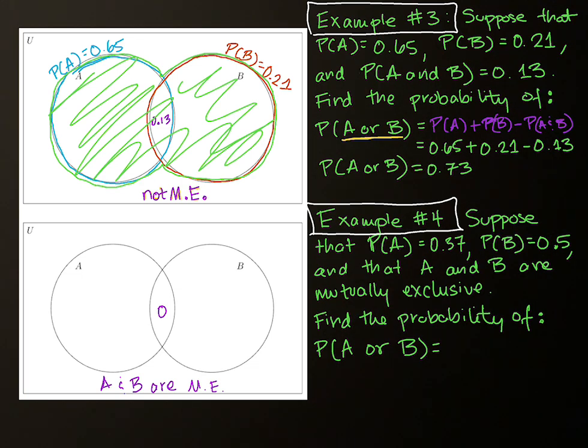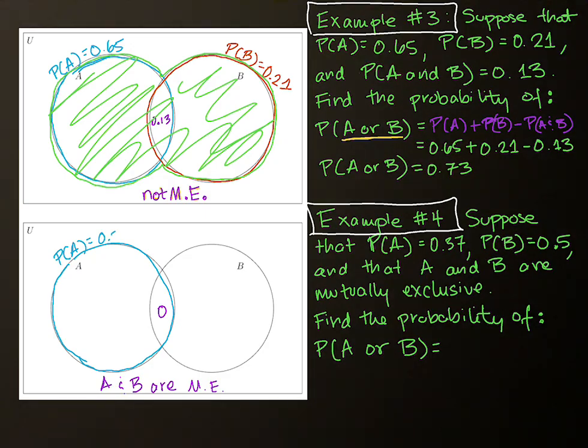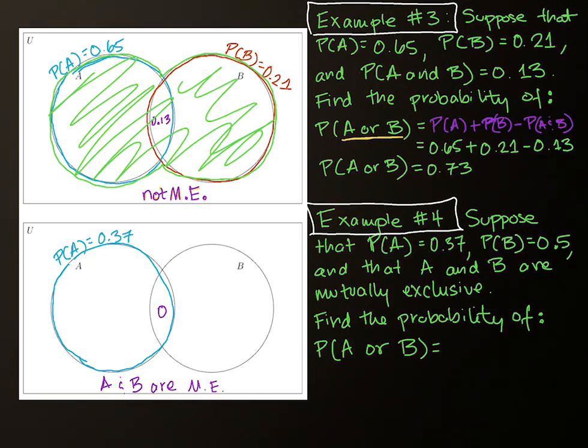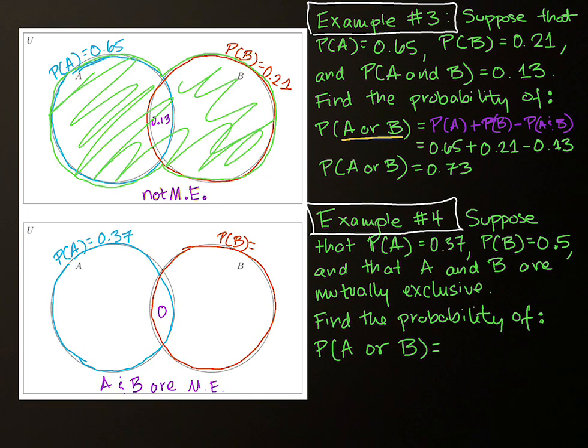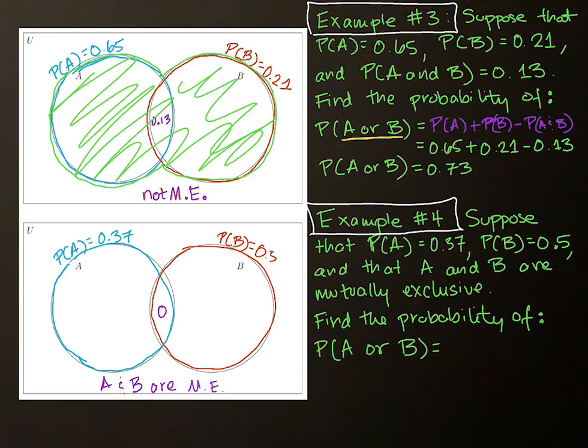And so the probability of A, which is the whole circle, but the intersection has nothing in it, is 0.37. And the probability of B is 0.5.